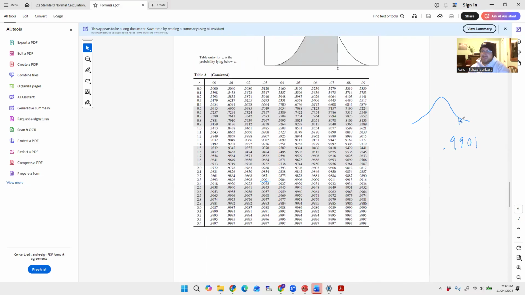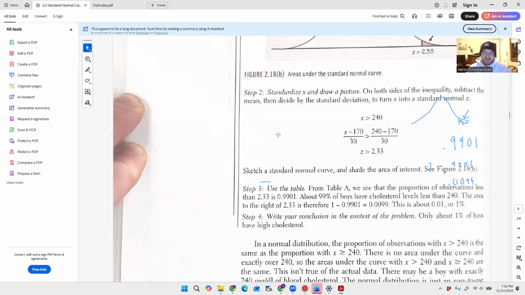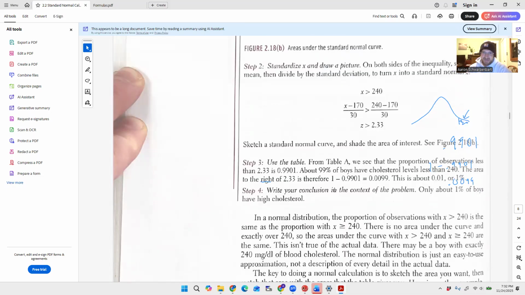So we need to go 1 minus 0.9901, and that is 0.0099. So less than 1% of boys 14 have this problem.